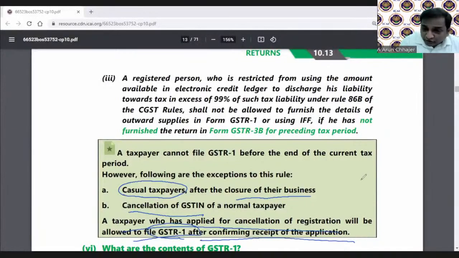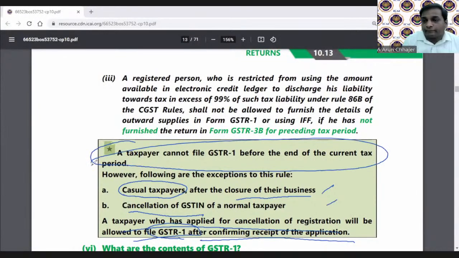So in these two categories, the above rule would not be applicable. What is the rule? The rule is that a taxpayer cannot file the GSTR1 before the end of the current tax period. It means a casual taxable person, and in case of cancellation, the taxpayer would be allowed to file the GSTR1 even during that tax period.